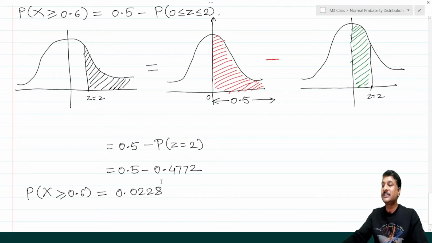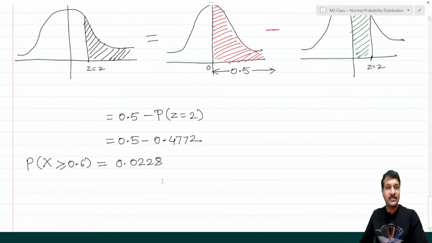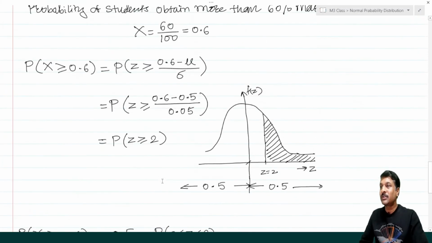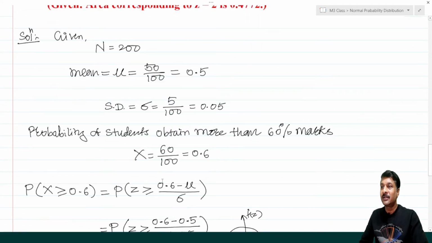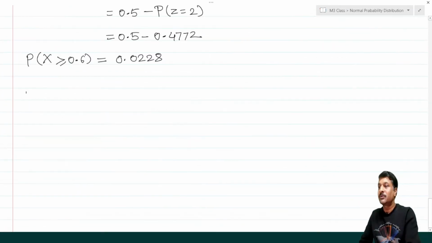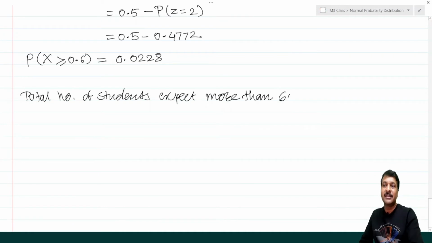So this is the probability of students getting more than 60% marks. So the total number of students here is 200. So multiply. The total number of students expected to get more than 60% marks is equal to 0.0228 into 200.